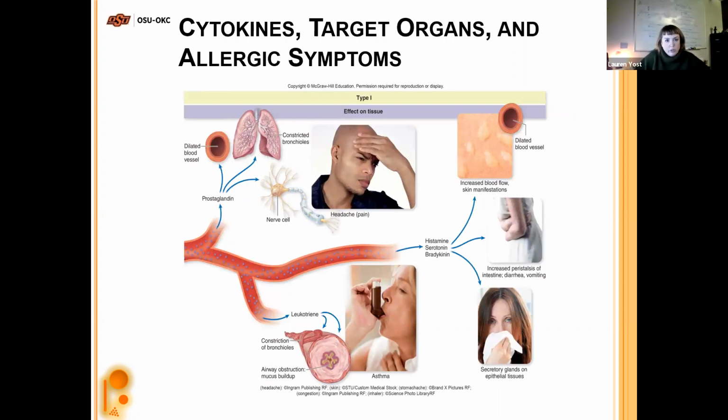Whenever you are having an allergic reaction, here's what happens. Blood vessels will dilate, your bronchioles can constrict, you can get a headache, you can get increased blood flow causing skin manifestations like patchy red patches or even hives.